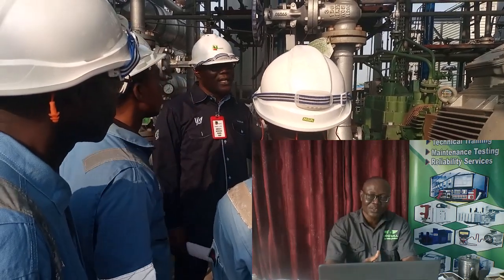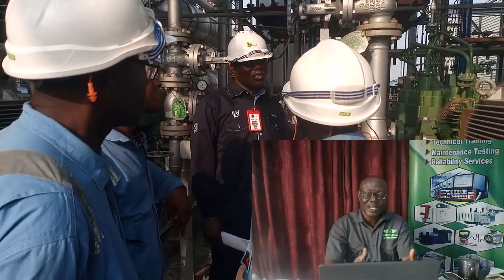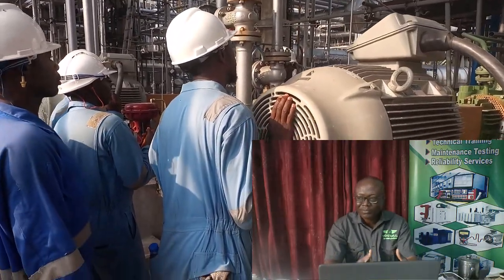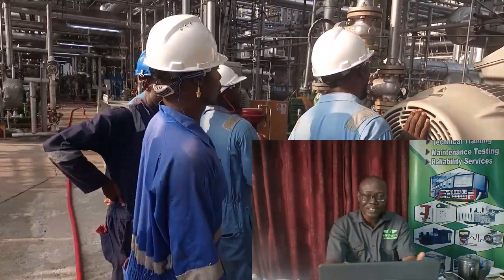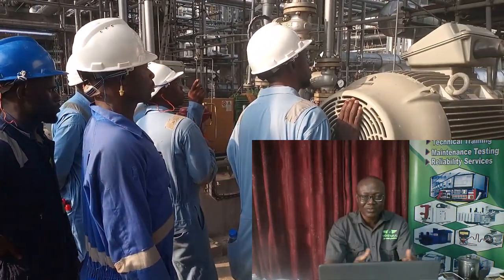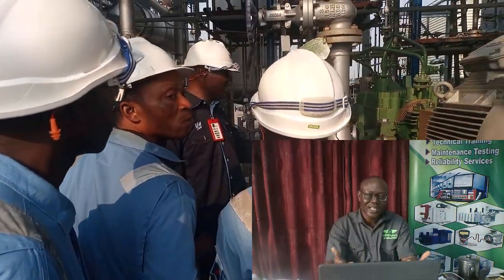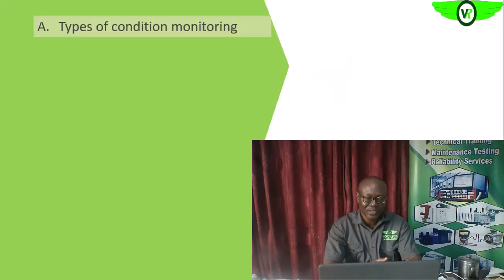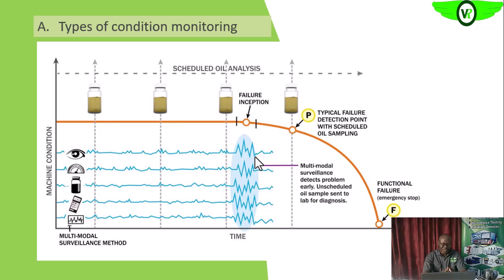As simple as looking at the exhaust gases, the fumes from the exhaust, either of your reciprocating engine or your gas turbine, all of those give you an idea as to the condition of the equipment. So we are going to look at some of them, as you can see on the screen. It ranges from visual inspection to the ones that will involve us using technology.